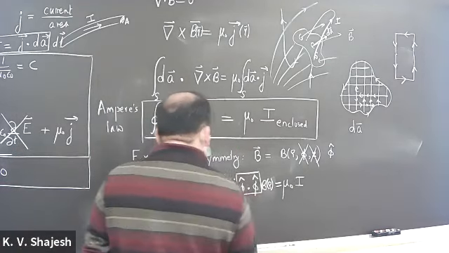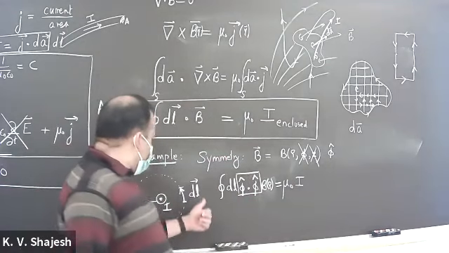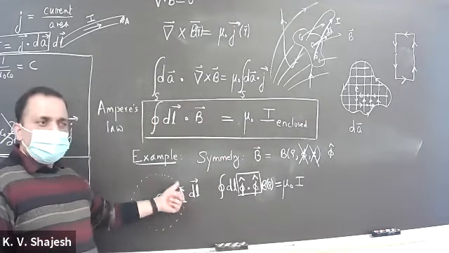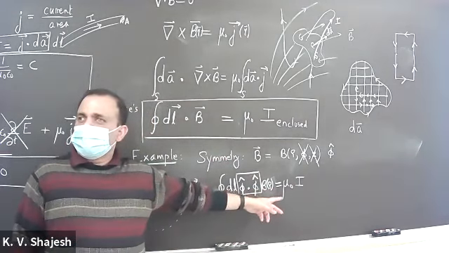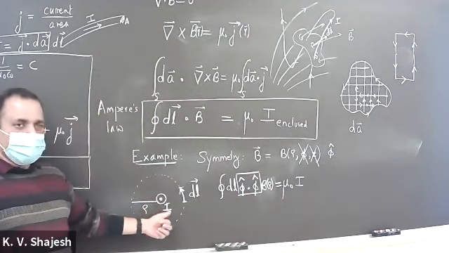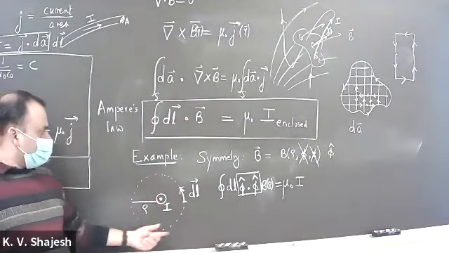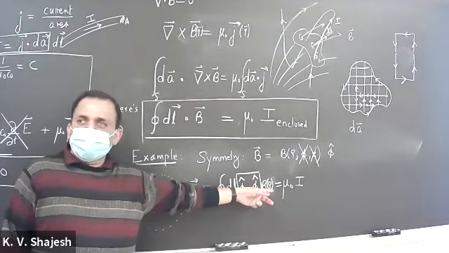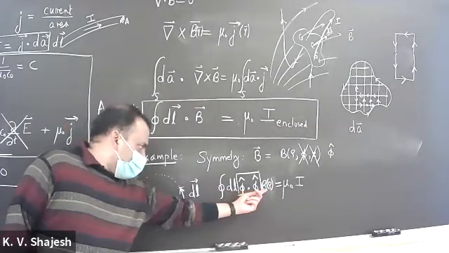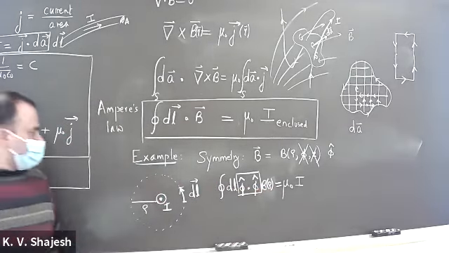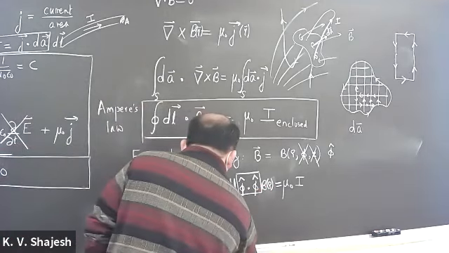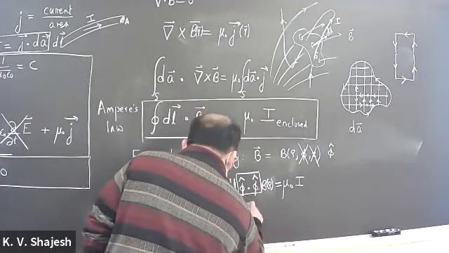That goes away. And all over the circle, rho is a constant. I am choosing this to be a circle. Everywhere on the circle, rho is a constant. So I can just bring that out of the integral because everywhere it's the same. So B of rho comes out of it.